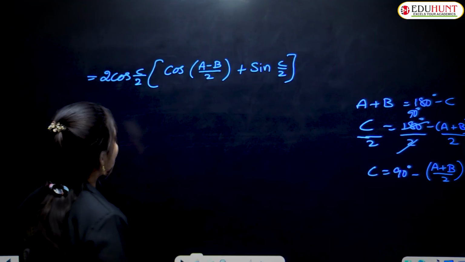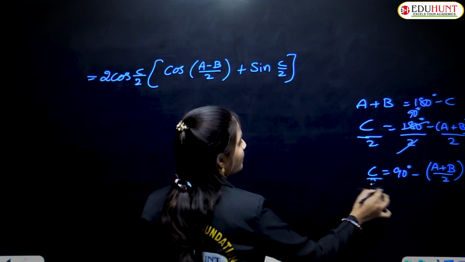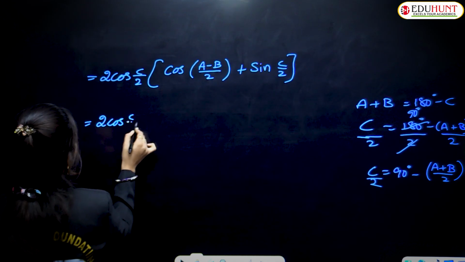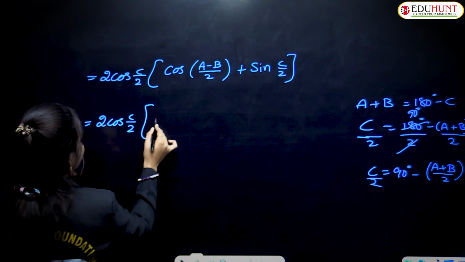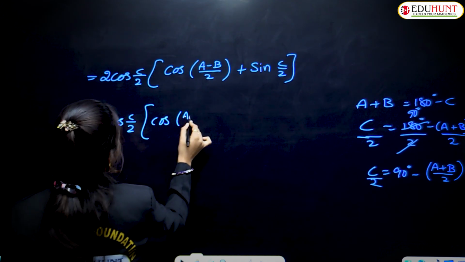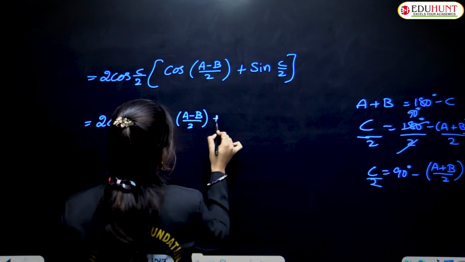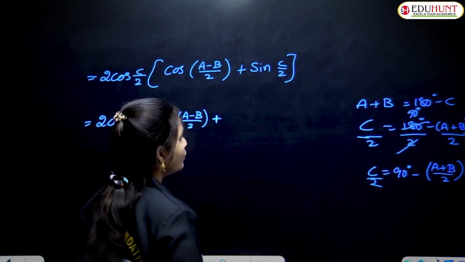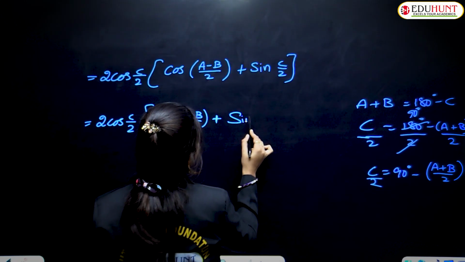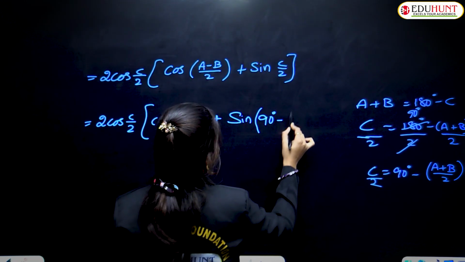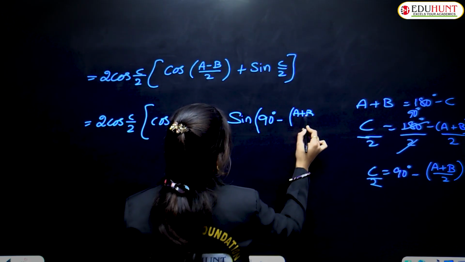Understand? So at the place of C by 2, we write 2 cos C by 2, don't change that, into cos of (A minus B) by 2 plus sin of, at the place of C by 2, 90 degrees minus (A plus B) by 2.